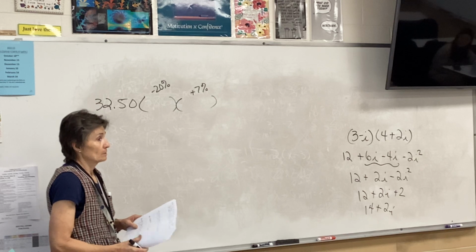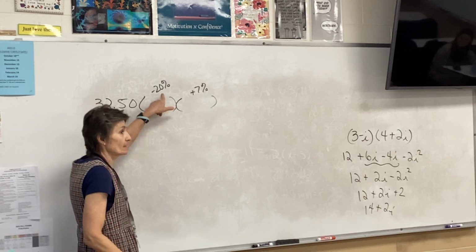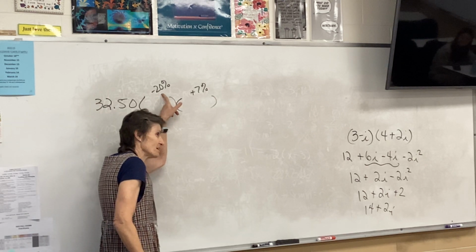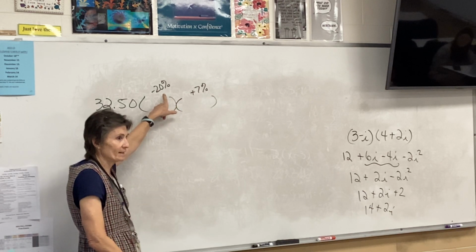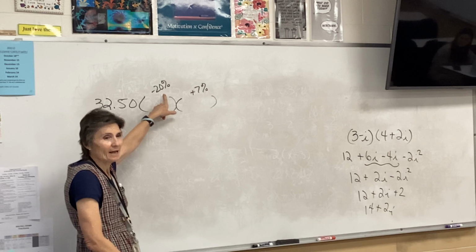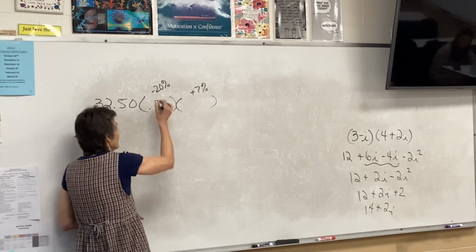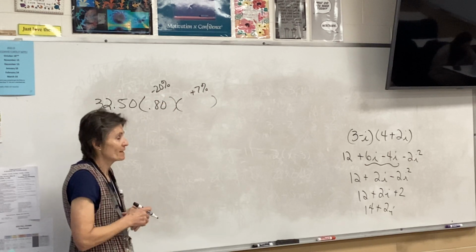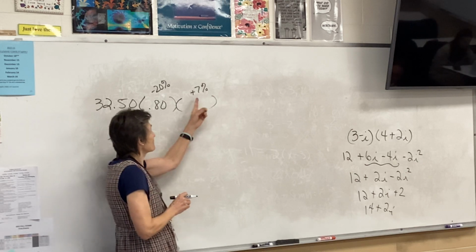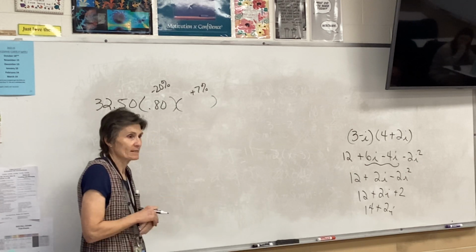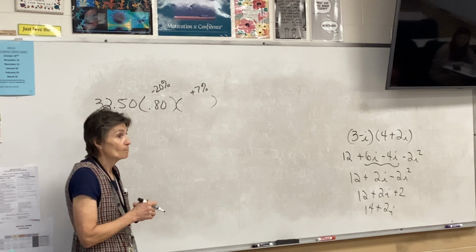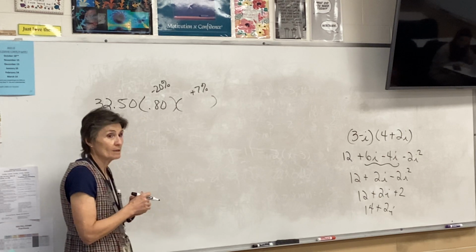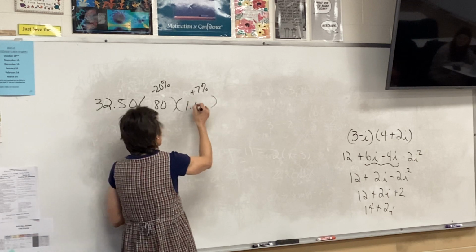Now, this is like a decay constant. It's shrinking. So if you're taking away 20%, what are you keeping? 80. So 0.80, that's what I'm keeping. If I'm gaining a 7%, then what's my growth constant there? Not 0.07, 1.07.